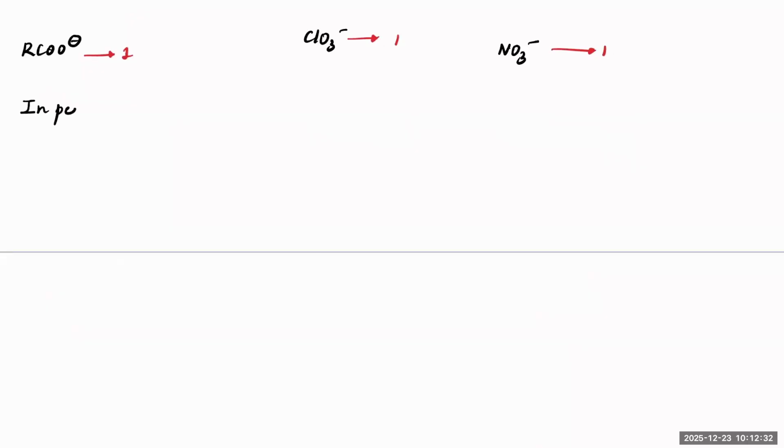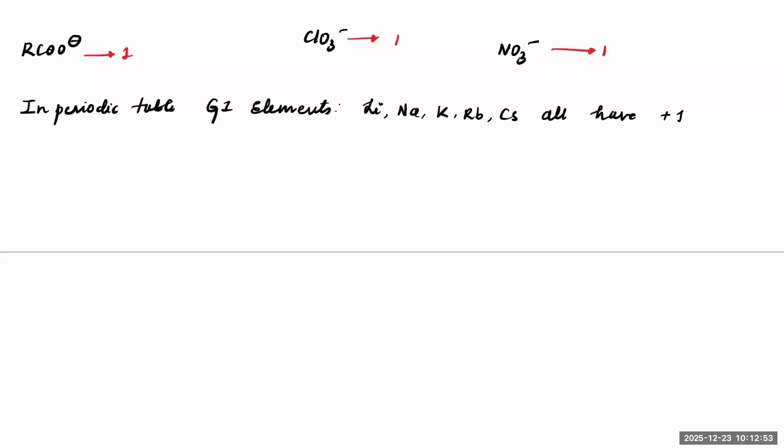In the periodic table, group 1 elements means lithium, sodium, potassium, rubidium, cesium. All have +1 charge in combined form, in salts.